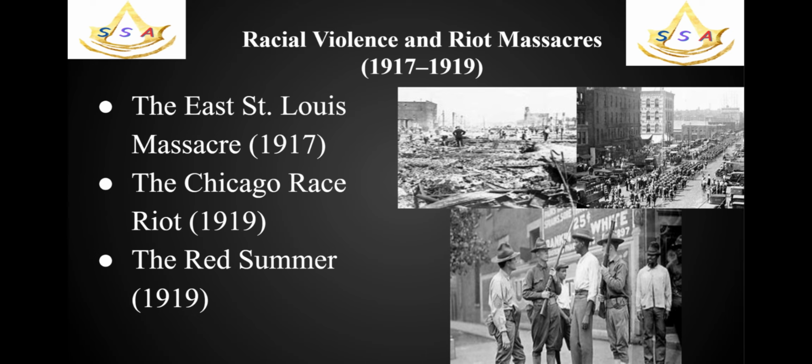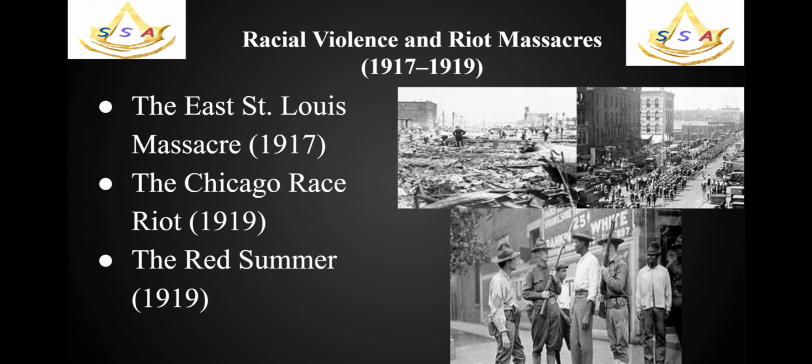The violence occurred on July 2nd, 1917, with white mobs rampaging through Black neighborhoods, murdering over 100 Black residents. Thousands of Black homes were burned, and the massacre shocked the nation and also prompted NAACP protests.